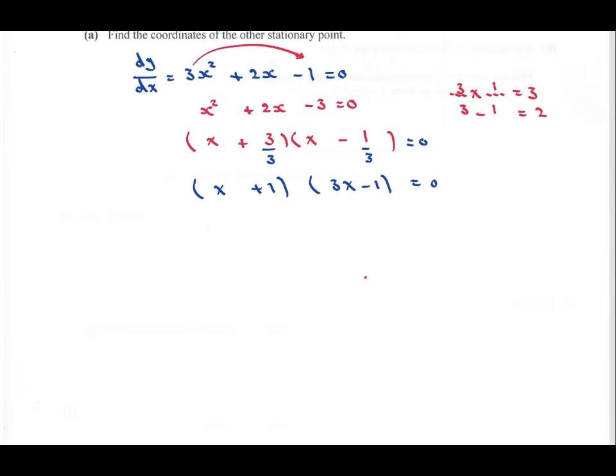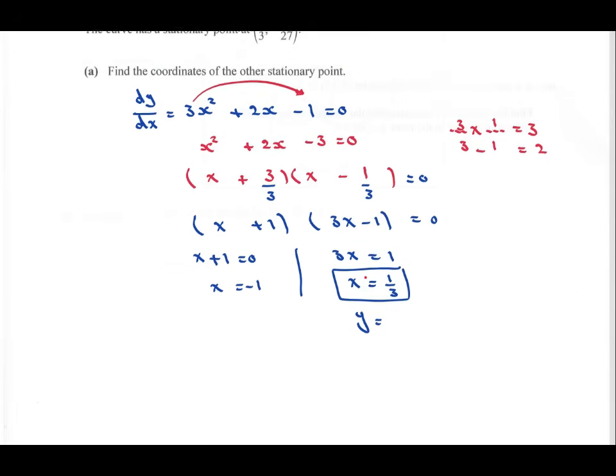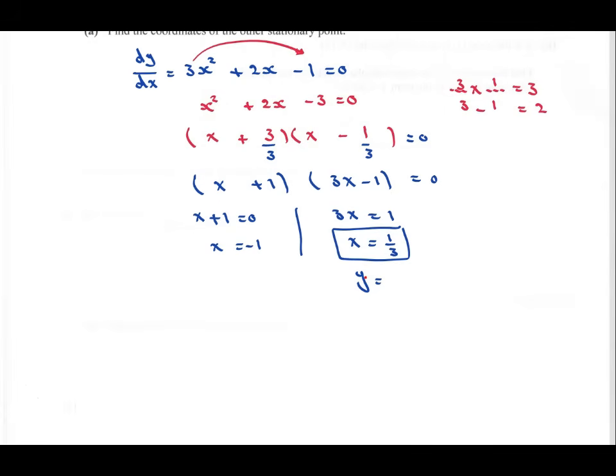We have two stationary points. x plus 1 is equal to 0, then x is equal to negative 1. 3x is equal to 1, x equals 1 over 3. 1 over 3 is given, and its y value is given, which is negative 5 over 27. This is the given stationary point. We have another stationary point at x equals negative 1.